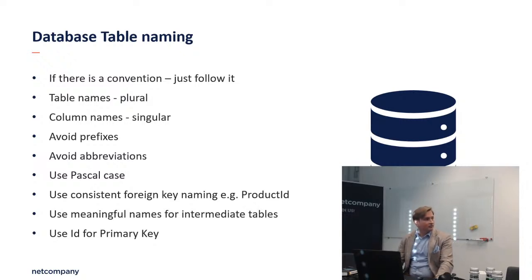In my opinion, there's one reason to actually use singular for table names. Most of the frameworks which scaffold the entities from the tables would use exactly the same table names. And having one record called products, for example, could be actually a mistake in my opinion. Of course, it is configurable, but it's not out of the box.